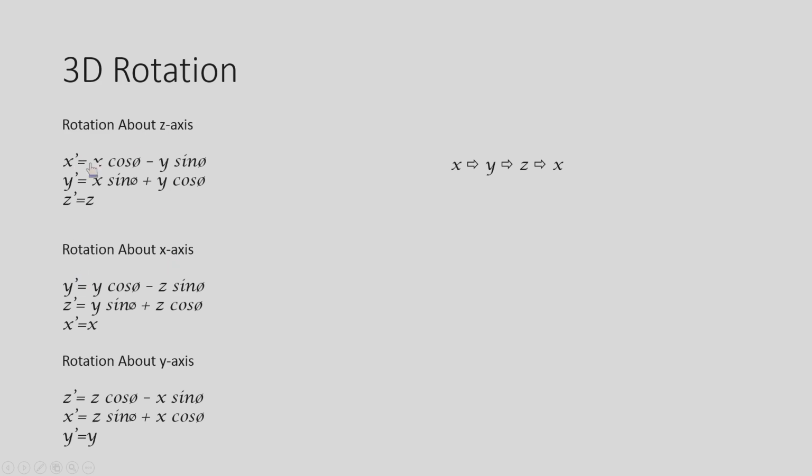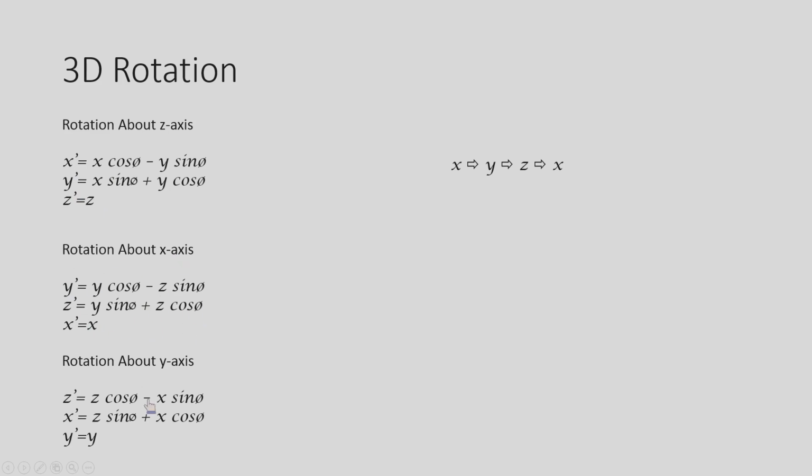X will become y. X dash will become y dash. X will become y, and y will become z. Similarly, y dash will become z dash, and z dash will become x dash. Z will become x. So you get this set of equations.